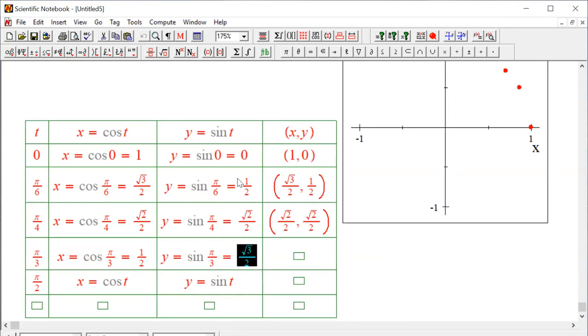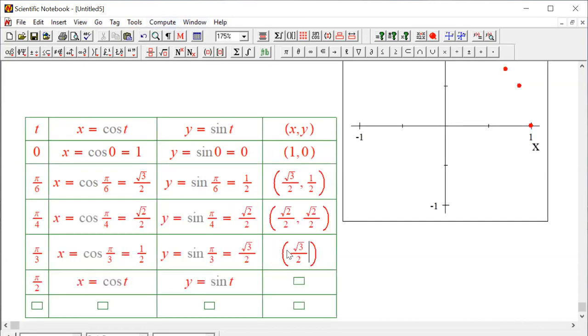So we got our point. First quadrant is done, right? So you can almost anticipate what to expect.